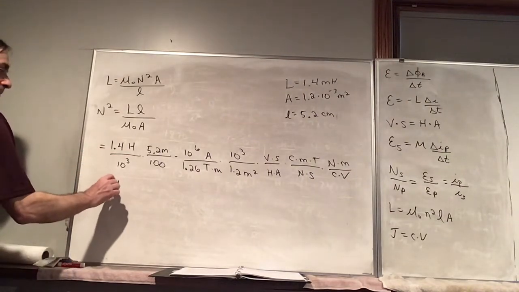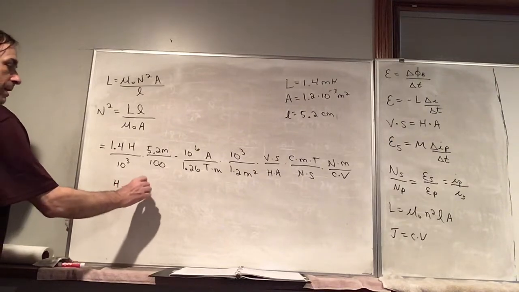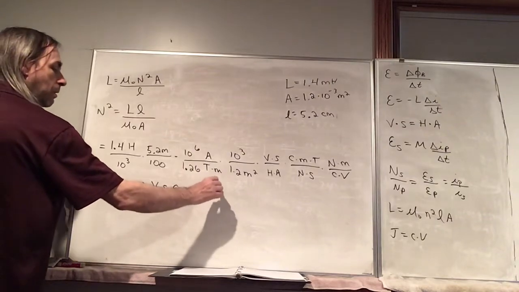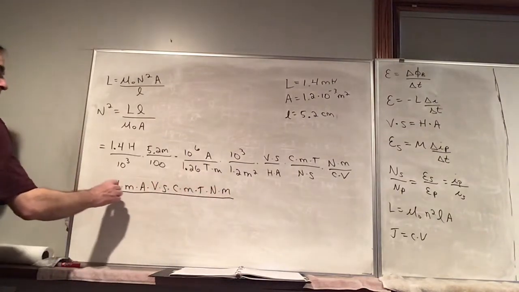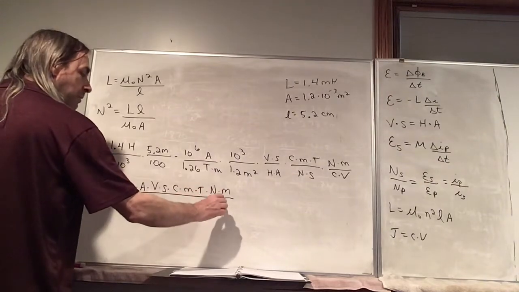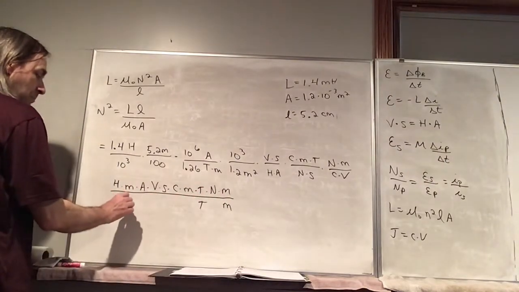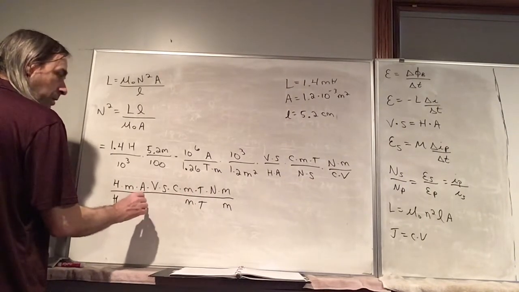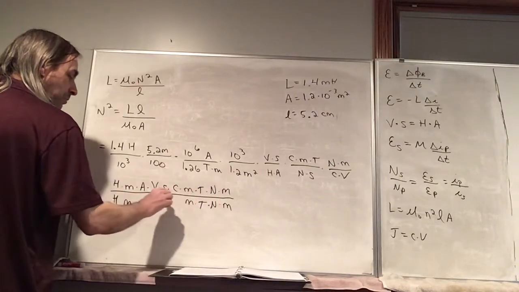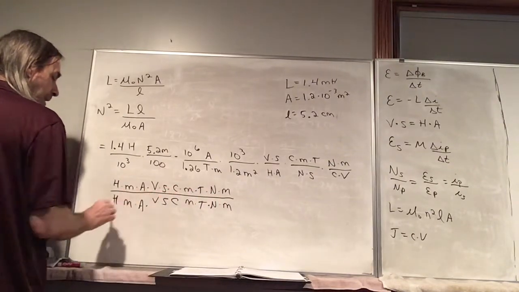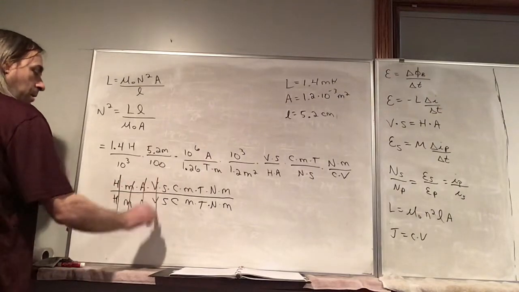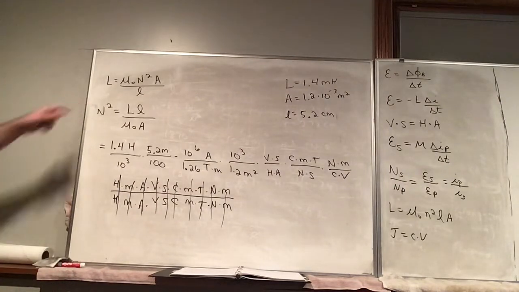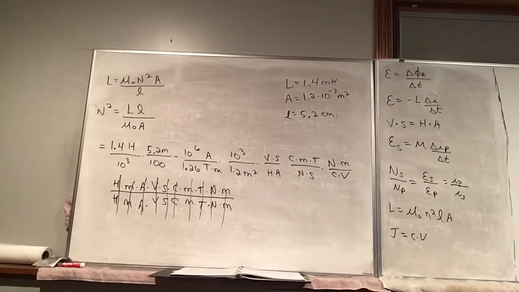Let's just check. Henry times meters times amp, volt second, Coulomb meters Tesla, and Newton times meters. On the bottom we have Tesla, meter, meter squared, Henrys, amps, newtons, seconds, coulombs, and volts. And everything cancels out. So yeah, we're getting a number squared, which is dimensionless.